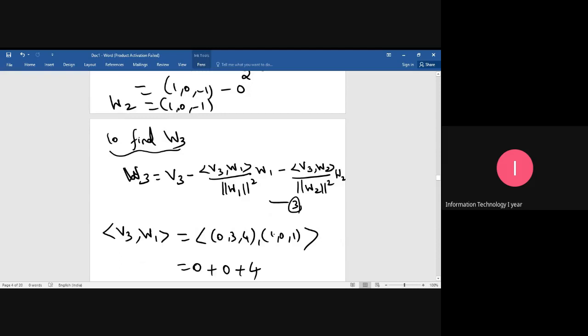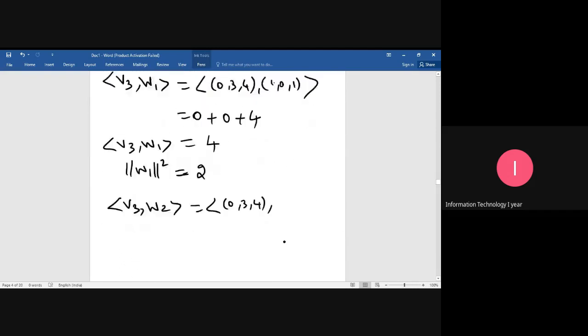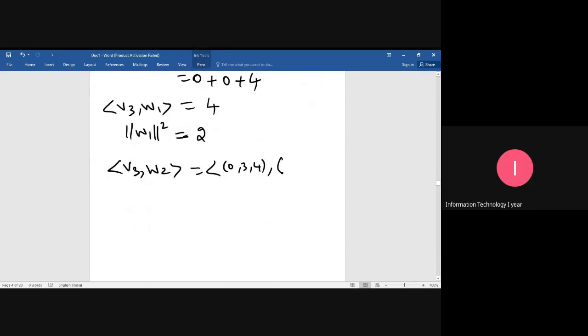W2 we calculated as 1 comma 0 comma minus 1. Okay, so find out the product: 0 into 1, 0, plus 3 into 0, 0, plus 4 into minus 1, which is minus 4. So the inner product of V3 comma W2 answer is minus 4. Then what are the remaining values?